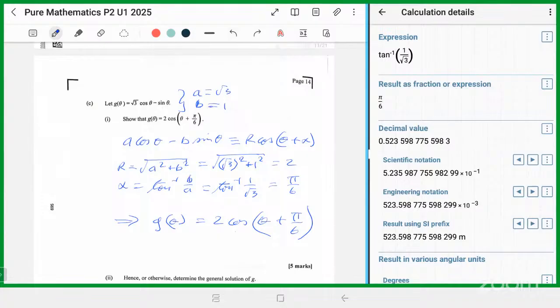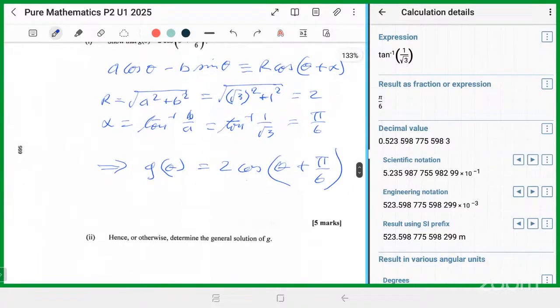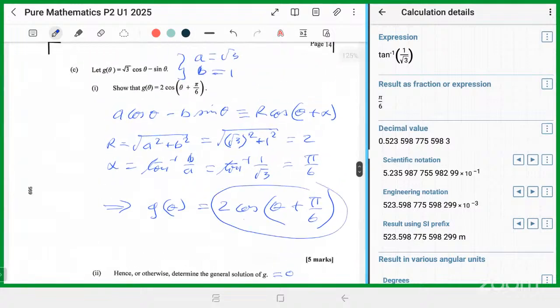So hence, or otherwise, determine the general solution of g equals 0. We're going to put this expression equals 0.